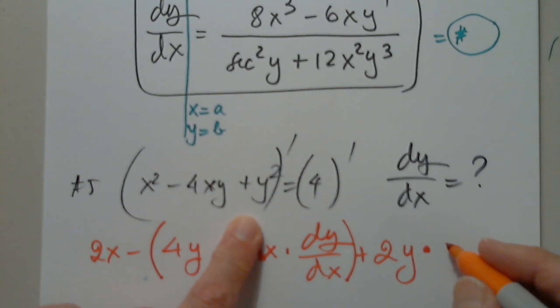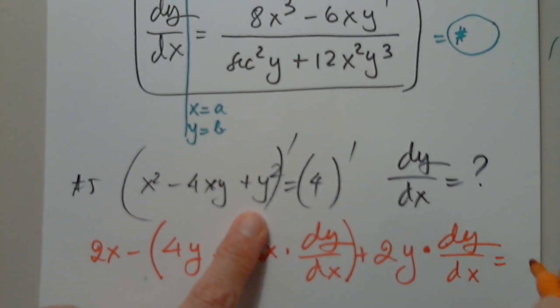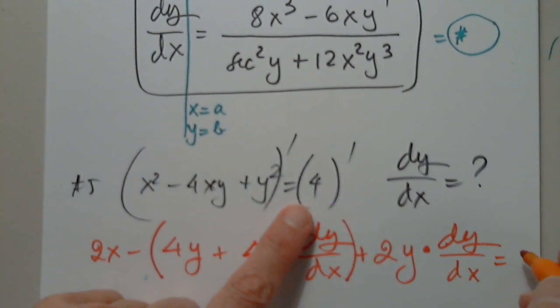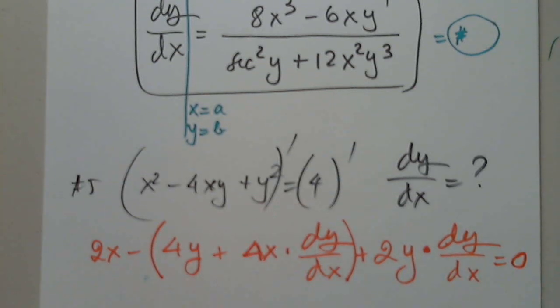Okay, what got stuck? Is it dy over dx? Dy over dx. 4 prime, 0. Perfect. I have to distribute first.